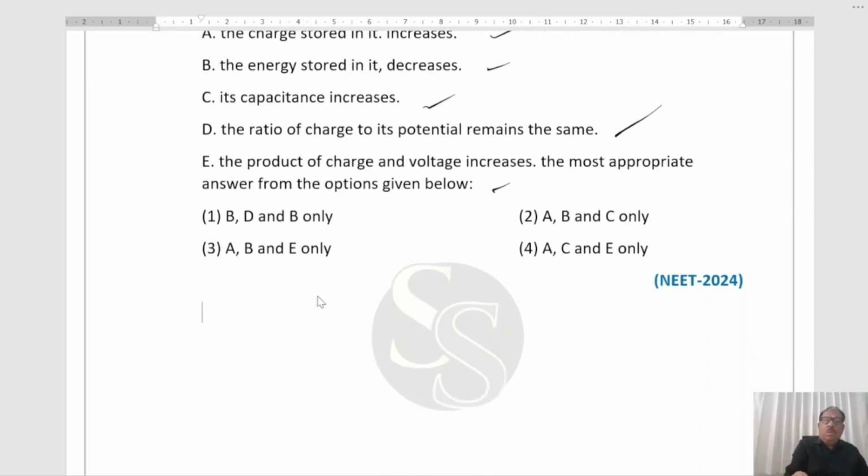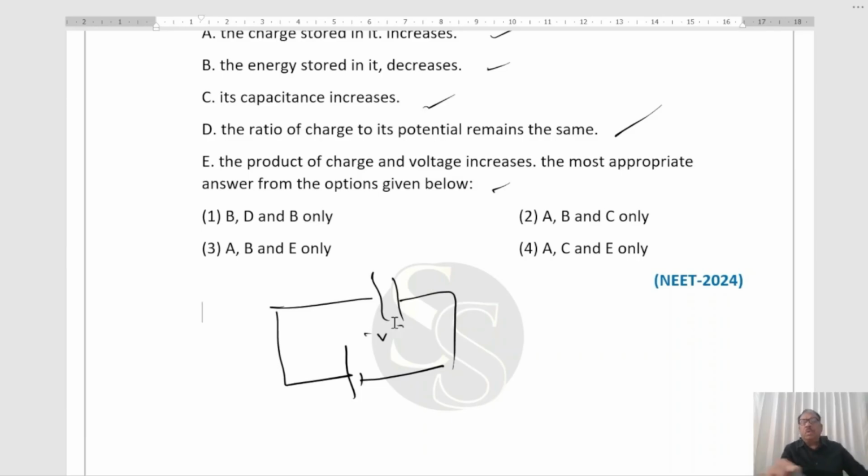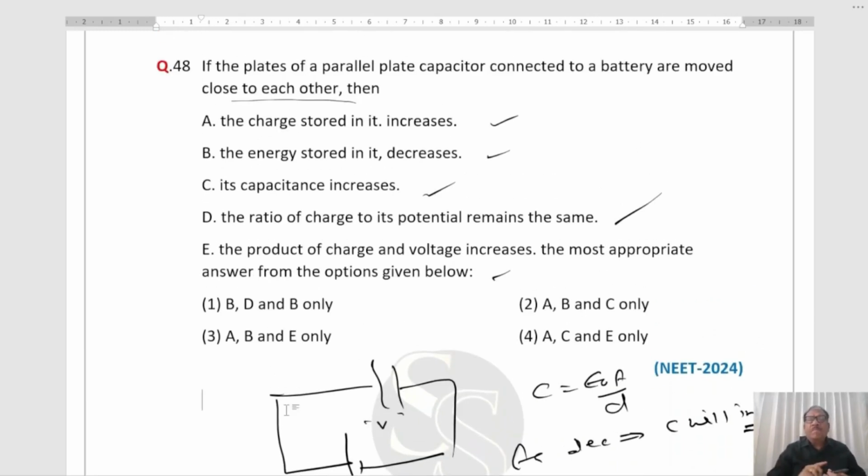Now, this is connected with a battery. V will be their potential. Now, you know C equal to epsilon naught A by d. As d decreases, C will increase. So C is the correct answer.